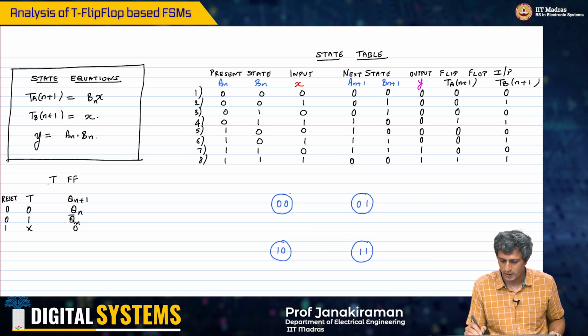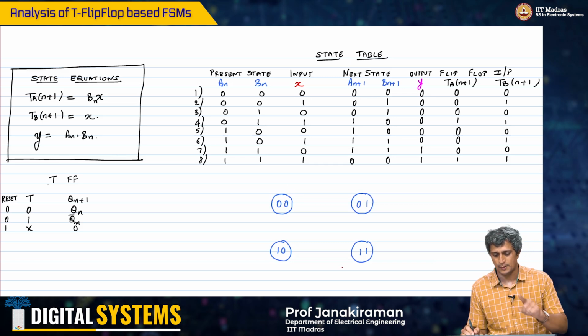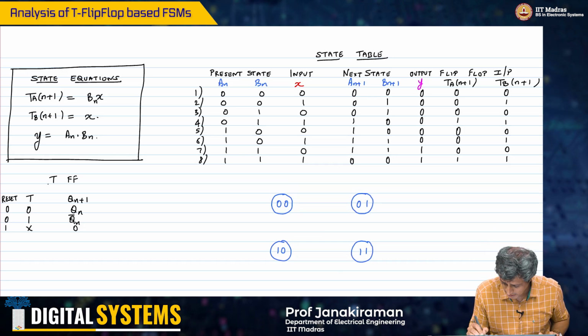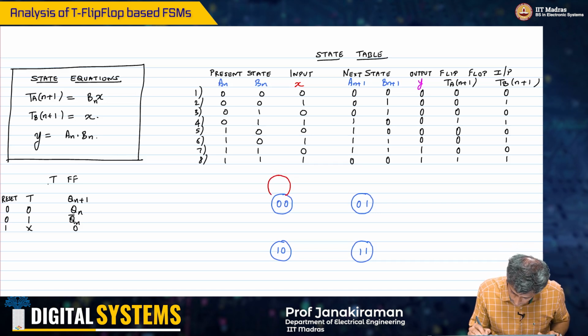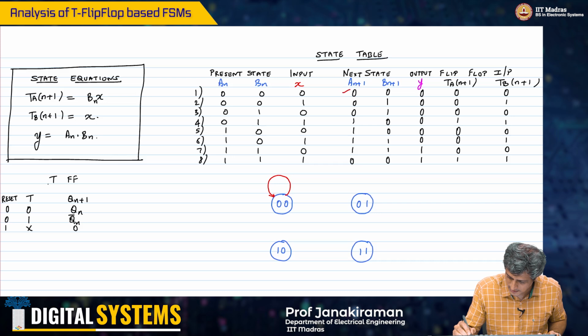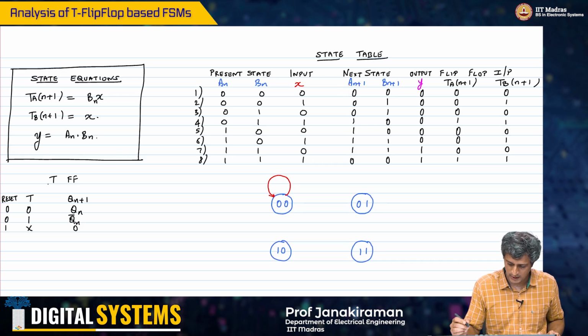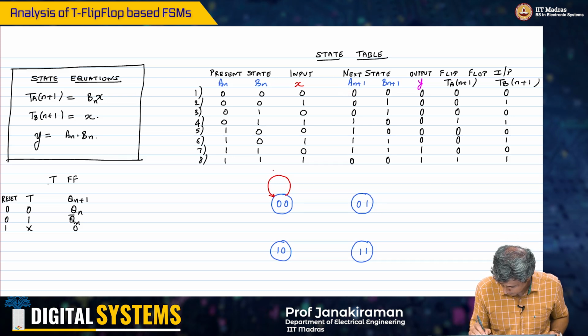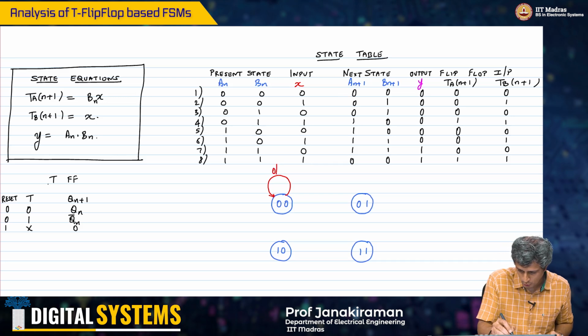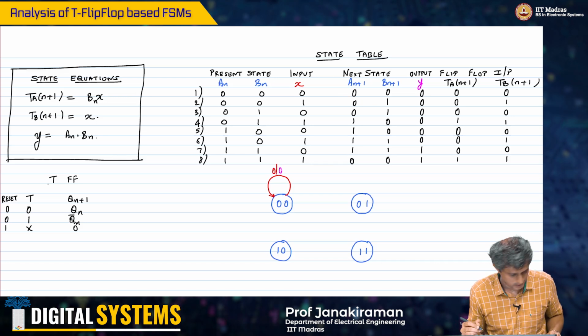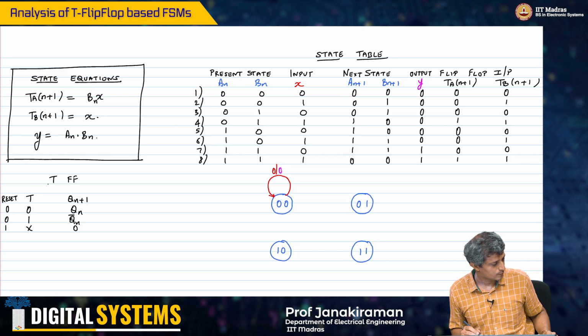If you are at 0, 0, which is, I'm analyzing row 1 now, input is X, you are going to remain at the same state. So I'm looking at this thing here, right? So it will just remain, input is 0 and output will be a 0, right?